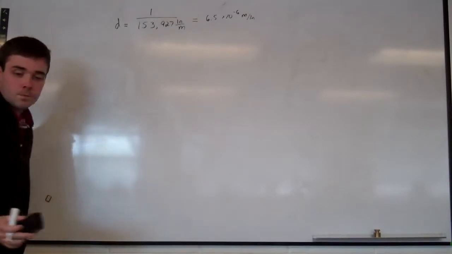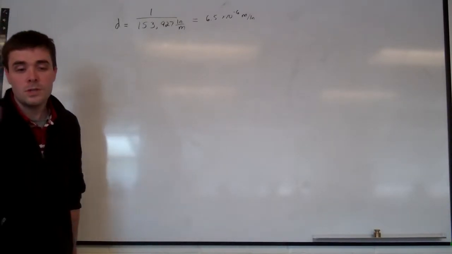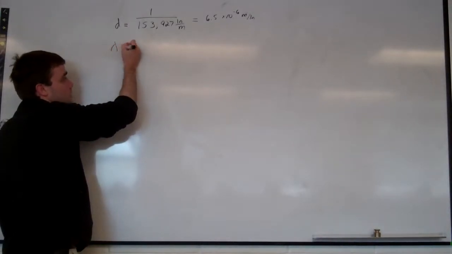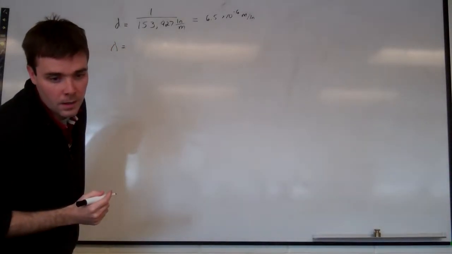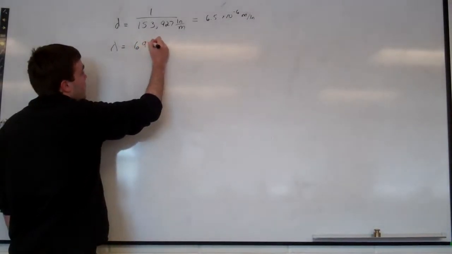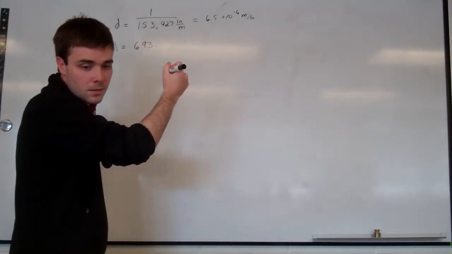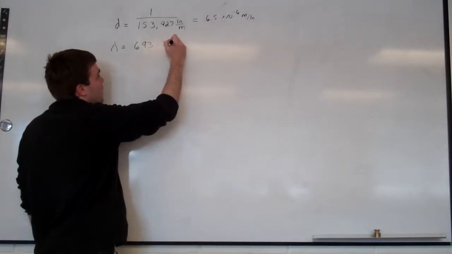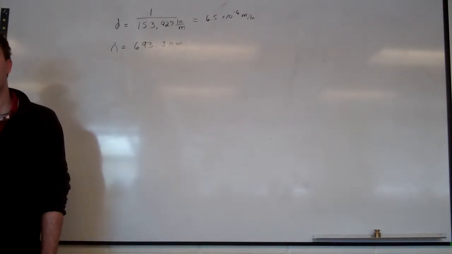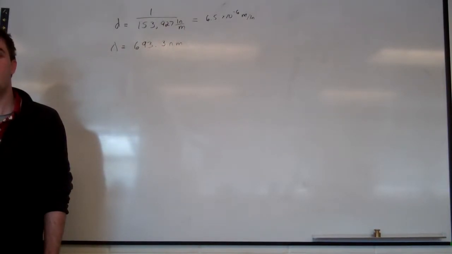Do we need to convert wavelength? We do need to convert wavelength. So lambda is 693.3 nanometers. How do we convert from nanometers to meters? 1 nanometer equals 10 to the negative 9th meters.